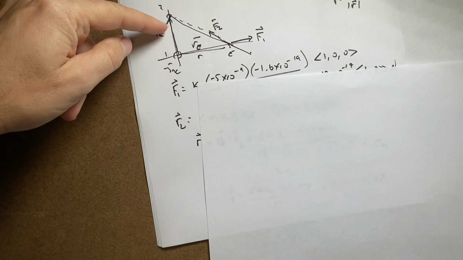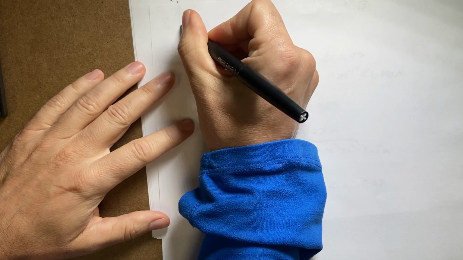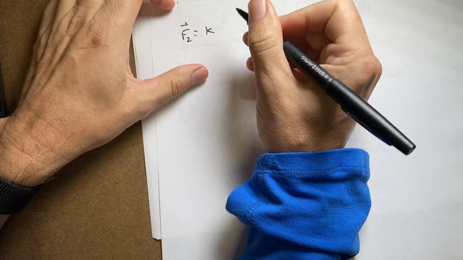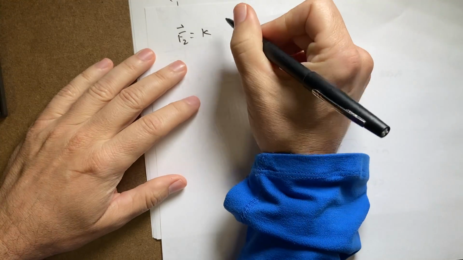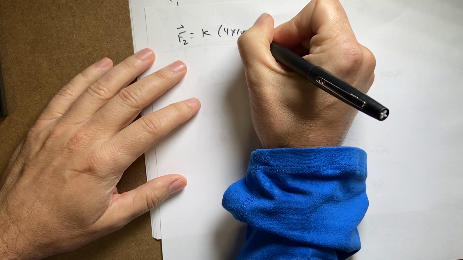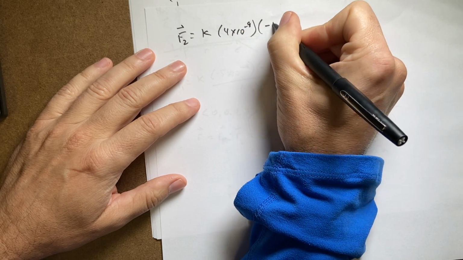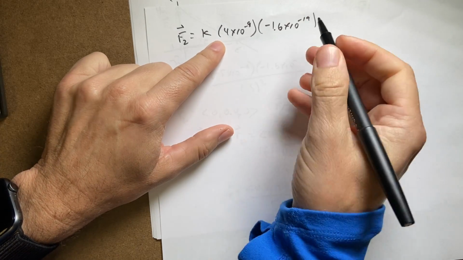So F2 is going to be, actually, let's just write it out. So F2 is K times Q1, or Q2, 4 nanocoulombs. So it's going to be 4 times 10 to the negative 9th, times the charge of an electron, which is negative 1.6 times 10 to the negative 19th. So you see here, these negative signs do matter.